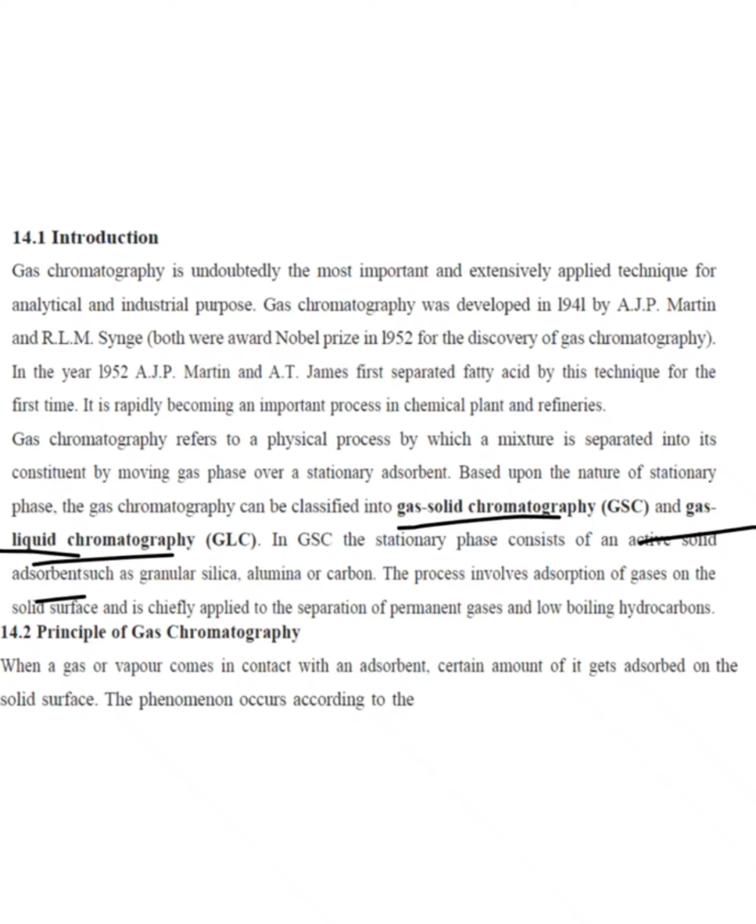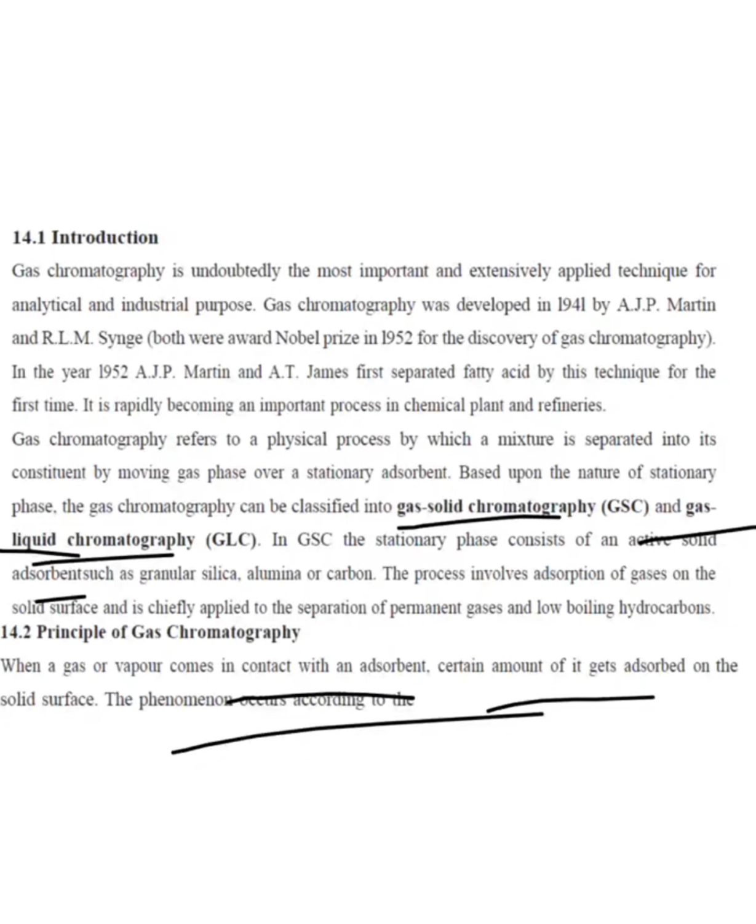The main principle of gas chromatography is that when a gas or vapor comes in contact with the absorbent, a certain amount of it gets absorbed on the solid surface. This phenomenon is the one used in gas chromatography.